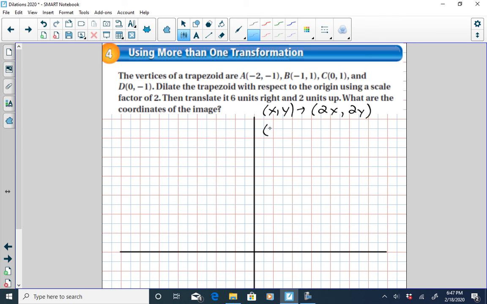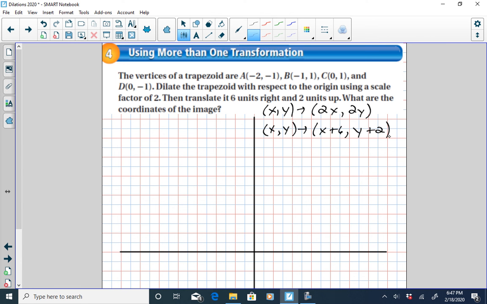And then our second rule, (x, y) goes to, translate it 6 to the right, so that's x plus 6, comma, 2 units up, y plus 2. So those are our two rules.